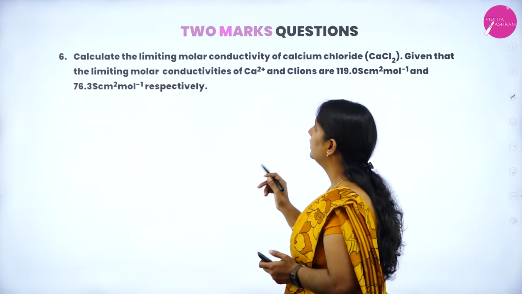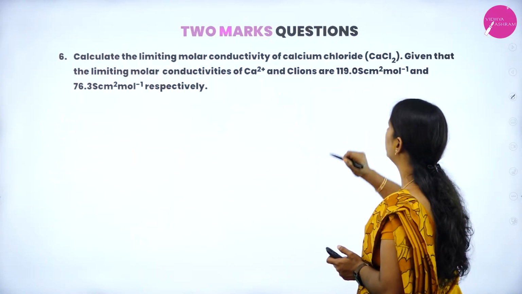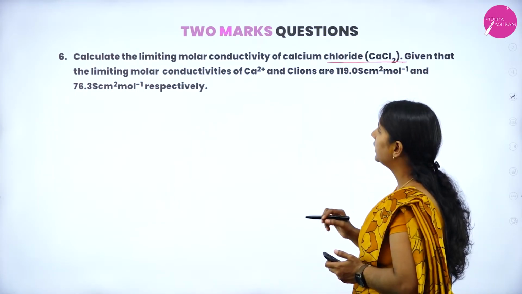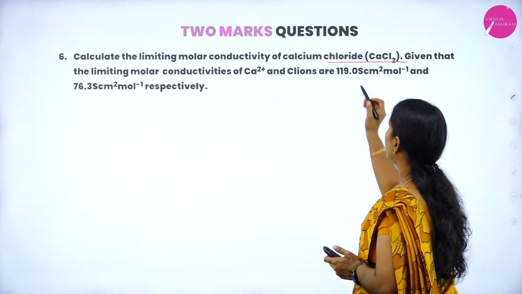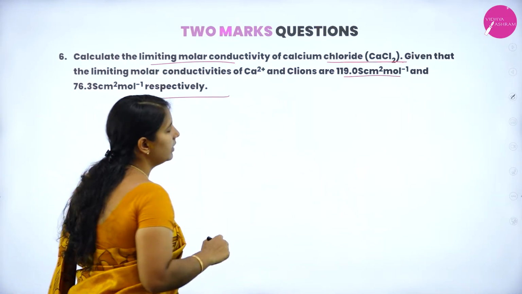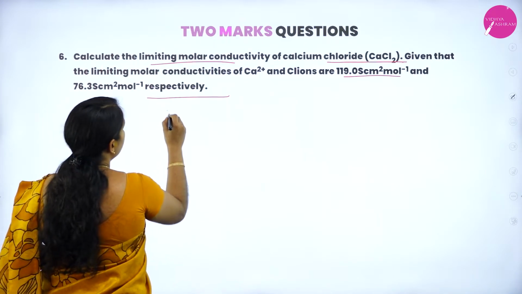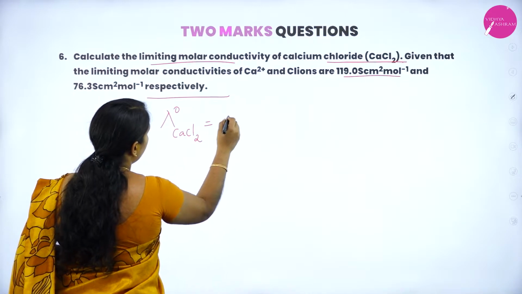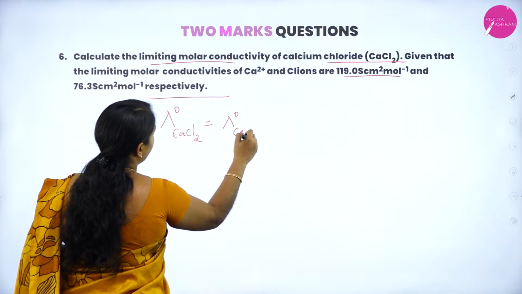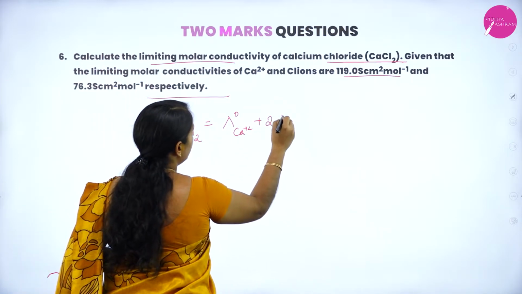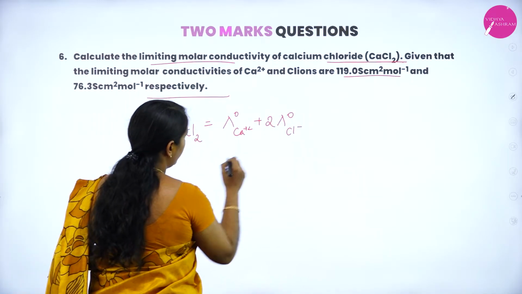Next, calculate the limiting molar conductivity of calcium chloride. They have given the limiting molar conductivity of the calcium ion and the chloride ion, and we have to find out the limiting molar conductivity of calcium chloride. The limiting molar conductivity of calcium chloride is obtained by the limiting molar conductivity of the cation plus 2 into the limiting molar conductivity of the chloride ion.